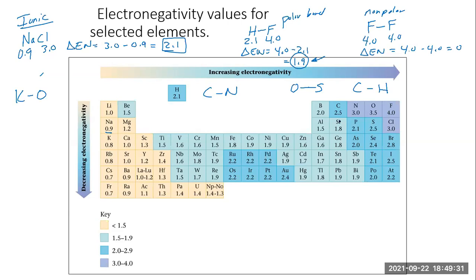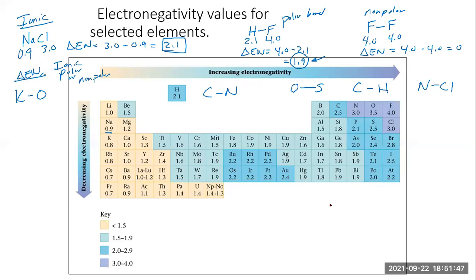And lastly, let us do nitrogen and chlorine. So use this table, calculate the difference in electronegativity, and then determine whether the bond is ionic, polar, or non-polar. Take a couple of minutes to calculate the difference in electronegativity values of each of these and determine what type of bond we are dealing with.